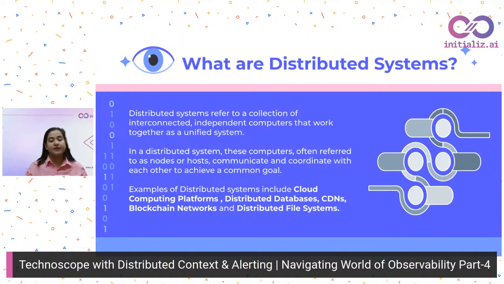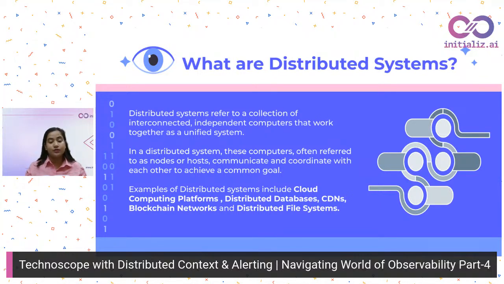These are some of the known pillars. CDNs, that is content delivery networks, are equally part of distributed systems because they distribute content across servers. So in simple language, whatever aspects or tools or technology contribute to distributed systems are part of the DS infrastructure.